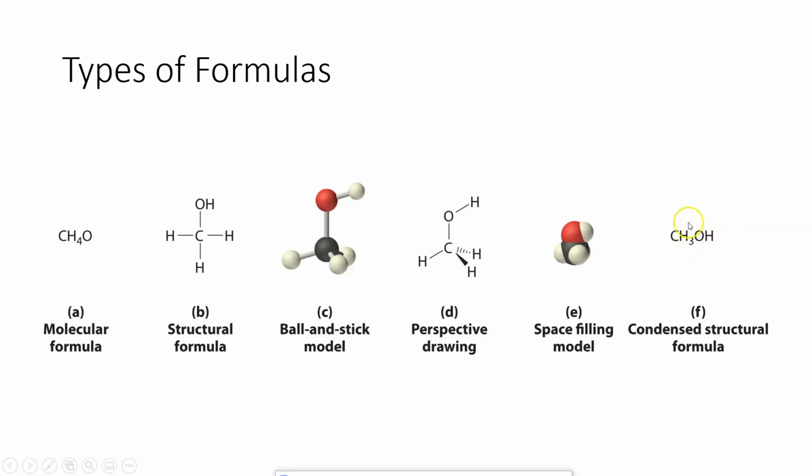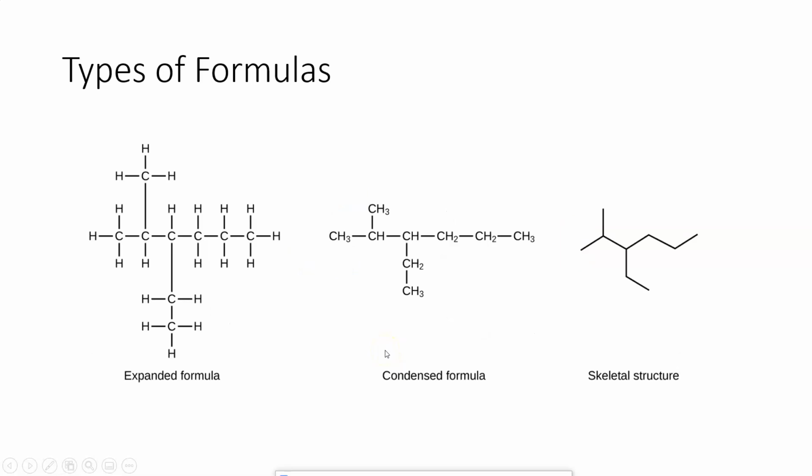So this condensed structural formula is giving me a little bit more information about the structure than my molecular formula, and it gives me less information about the structure than the structural formula, but let's say this one is in between these two, okay?